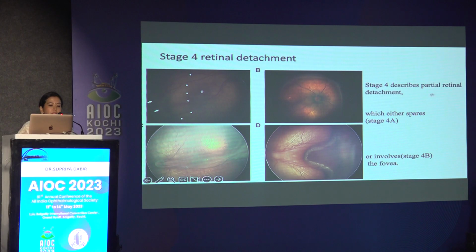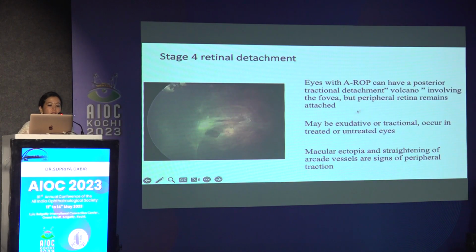Stage 4 describes partial retinal detachment which either spares the macula or involves the macula in stage 4B. And another form of detachment, where the periphery is still attached, but in the center you see a volcano kind of tractional detachment, has also been described.